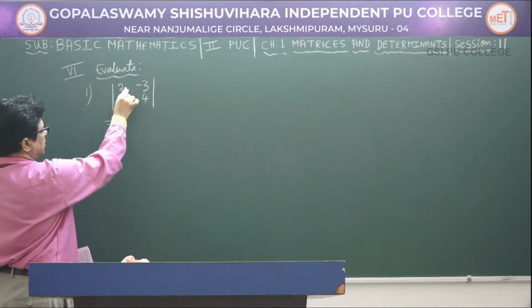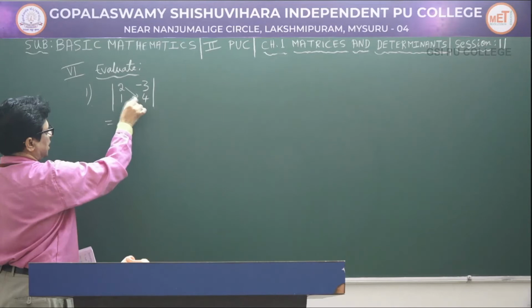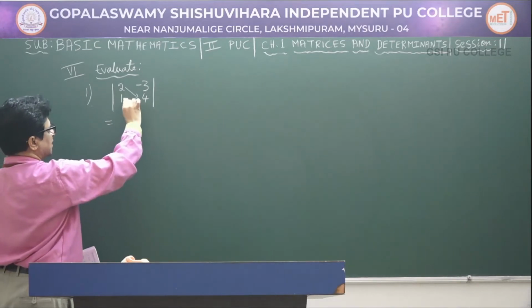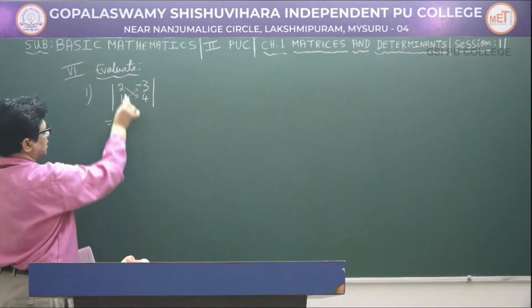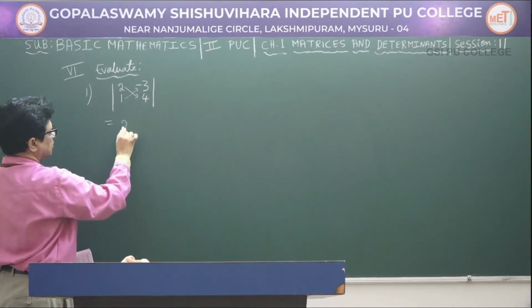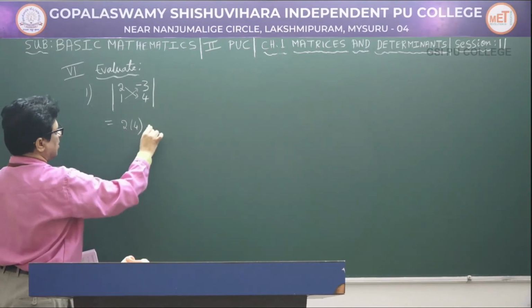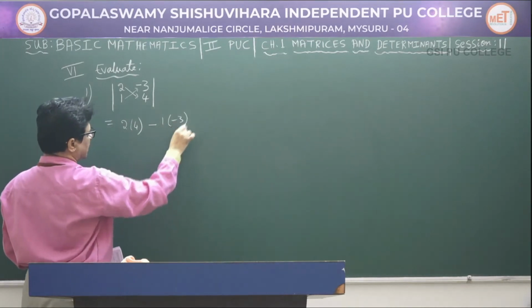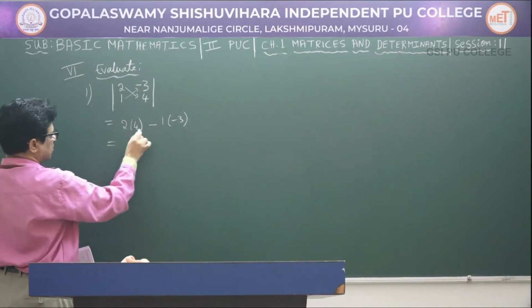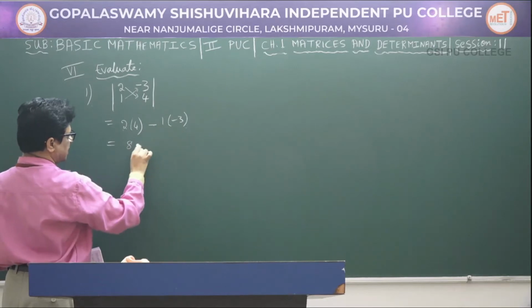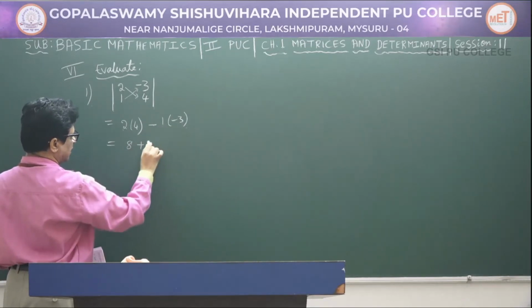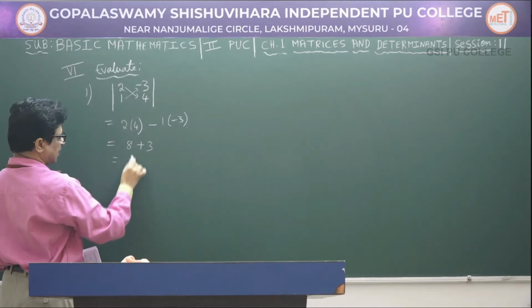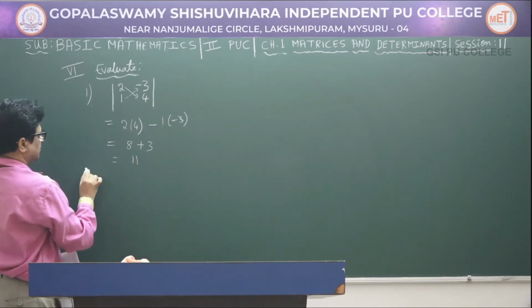The rule is the product of the principal diagonal minus the product of the other diagonal, that is 2 into 4 minus 1 into minus 3, that will be equal to 8 plus 3, which is 11.